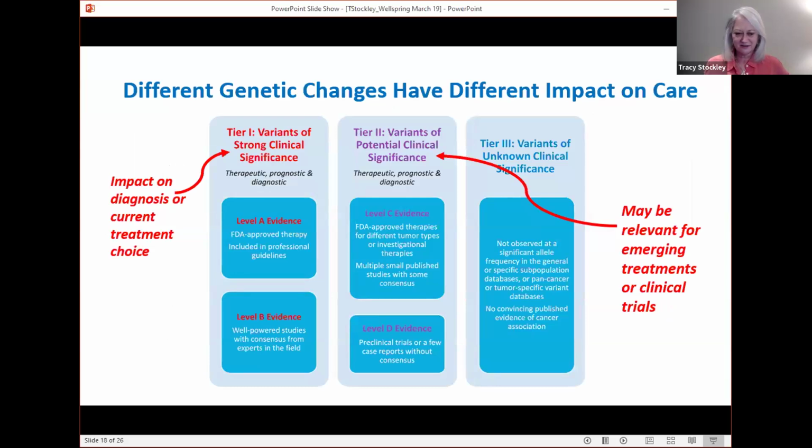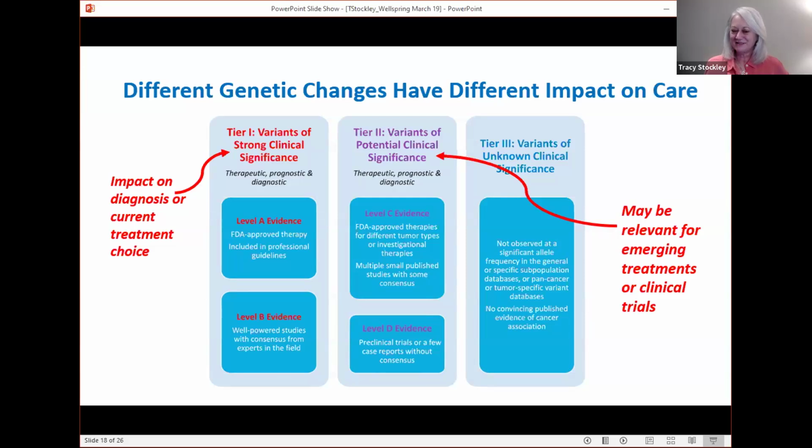So I mentioned the tier. Tier 1, like I talked about, usually has an impact on the current treatment or the current diagnosis that you'll get. Tier 2, though, I definitely think they're important ones, or any variant that your physician is not acting on at this point, whether they be tier 1 or tier 2.